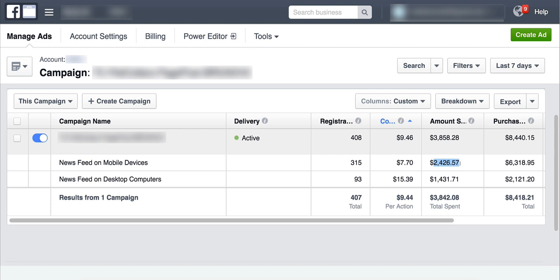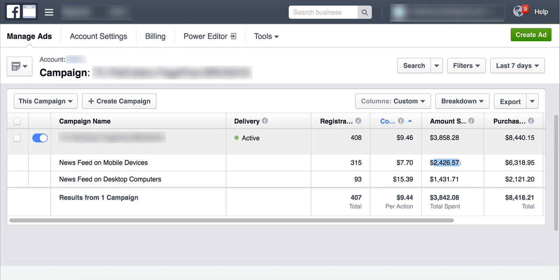And if you were able to just go in and click one and turn off the loser and leave yourself with the winner, it might flip your campaign from a negative to a positive, because now you're able to see, oh, people visiting my website on desktop computers from this ad are losing me money. They're not converting. Let's turn them off. Now we're left with just the winners.